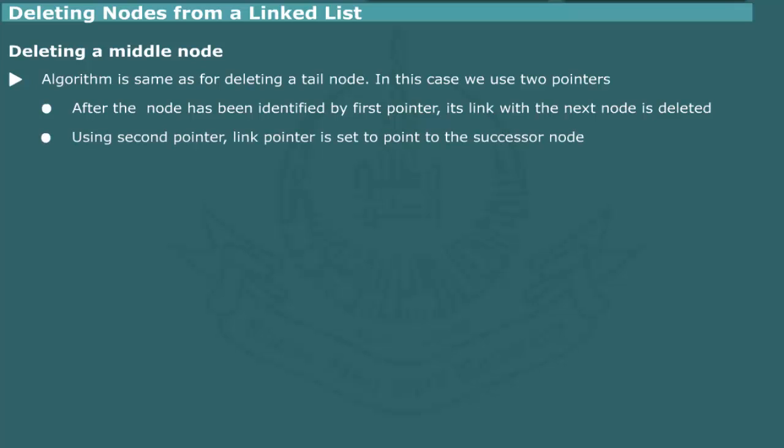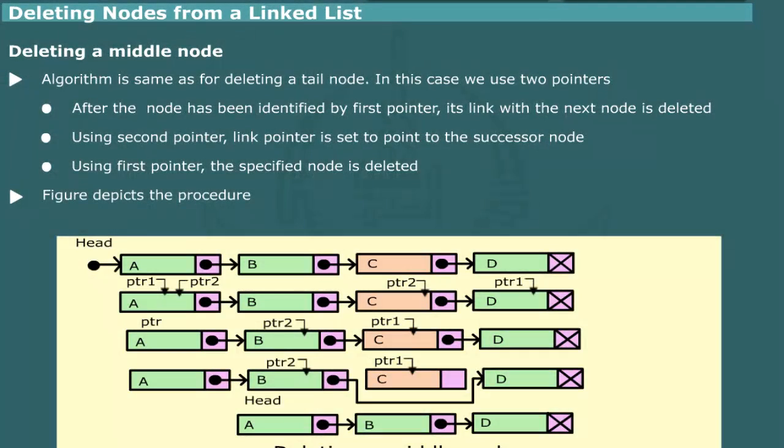Using the same pointer, we set the link pointer of the preceding node to point to the node that is next to the given node. Finally, using the first pointer, we delete the specified node. The figure depicts the procedure for deleting a node C of a linked list that initially contains letters A, B, C, and D.